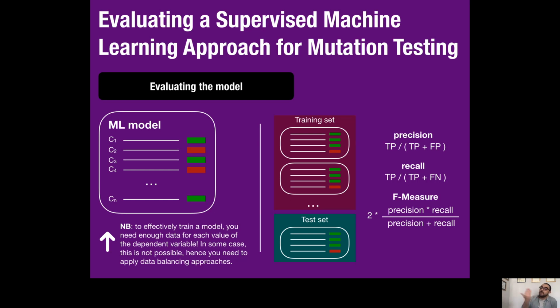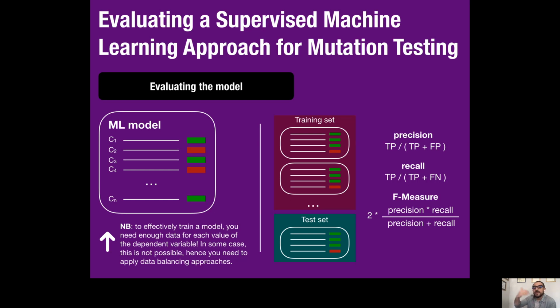Recall instead computes the number of correct predictions over the number of, let's say, instances in the dataset which are labeled as a specific class. What does it mean? It means that in our case, recall computes the number of effective tests over the total number of effective tests in the dataset.